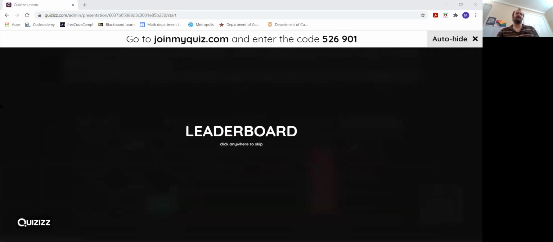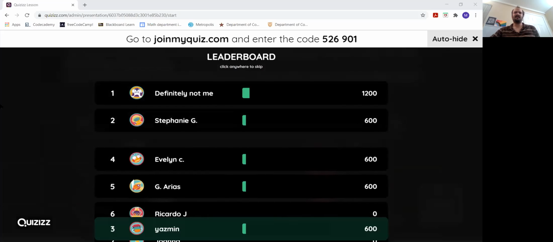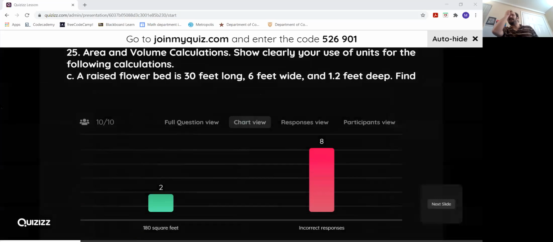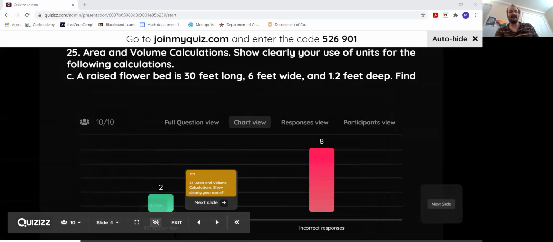So the number that I'm looking for should be what? 6 times 30 should be 180. And if I have 30 feet by 6 feet, if I am doing feet by feet, look at y'all writing out that word.